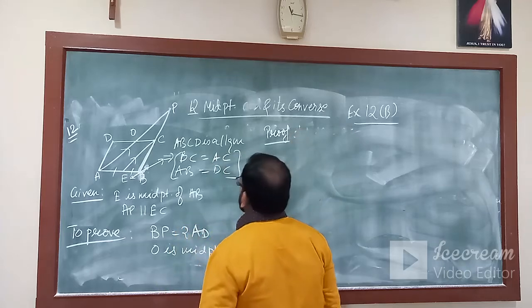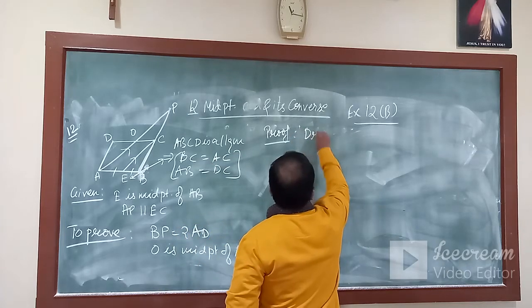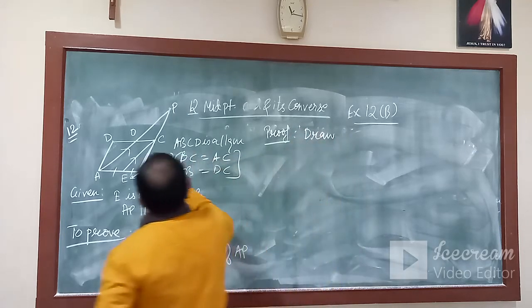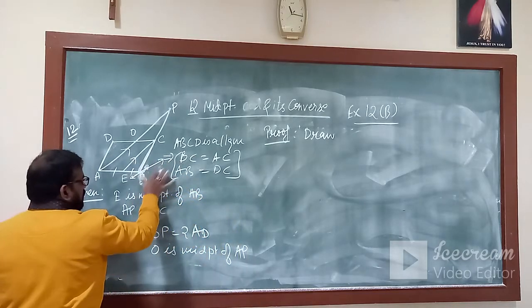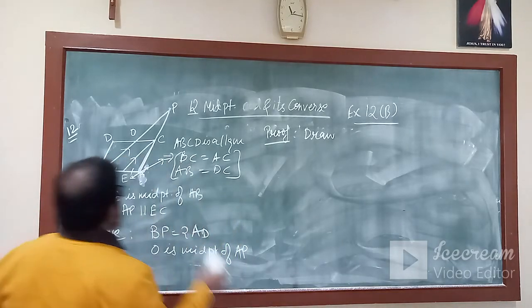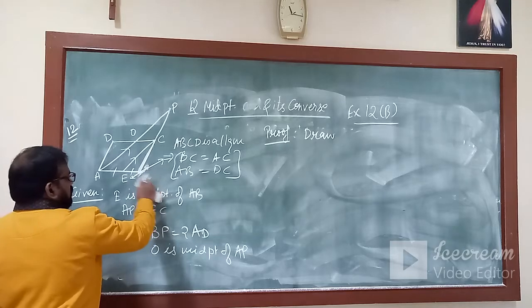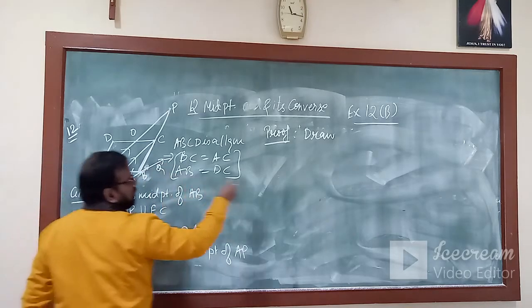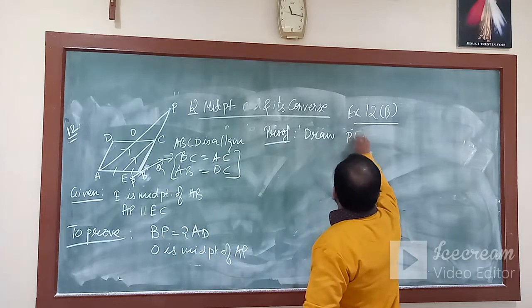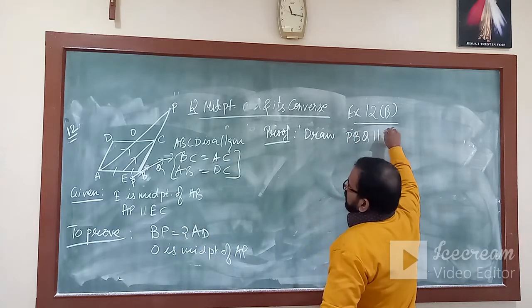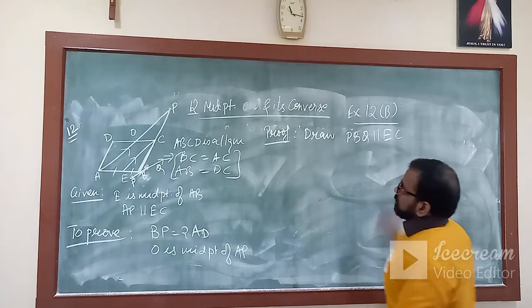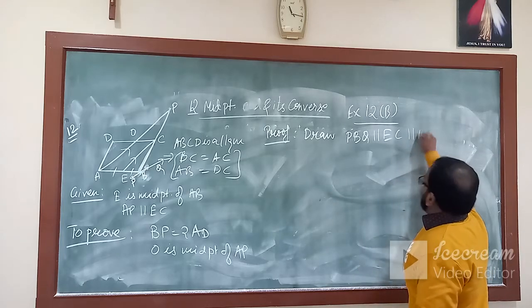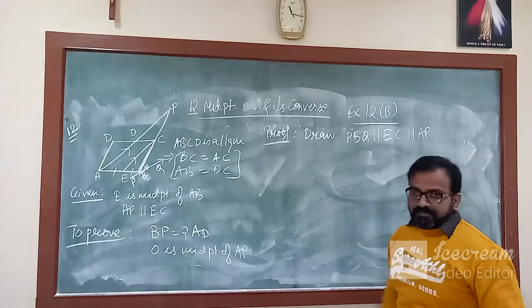Proof will be draw. Okay, let it be. So this is B, this is P and this is Q. So I will draw PBQ parallel to EC and it becomes parallel to automatically AP.